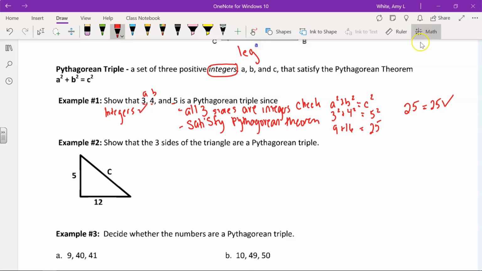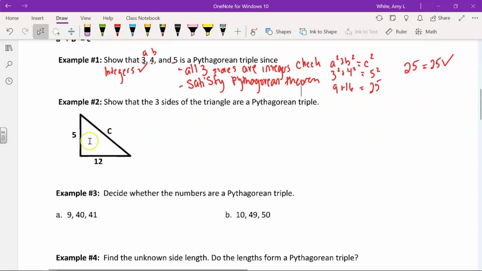We can also see if these will make a Pythagorean triple. So in this case, they don't give us the value of C. So if I write down my Pythagorean theorem, they give me A and B, which are 5 and 12. So 5 squared plus 12 squared, and then they're asking for C. Once again, I can use my calculator.